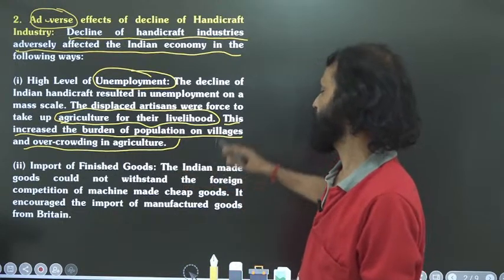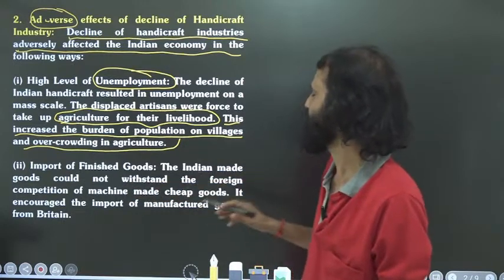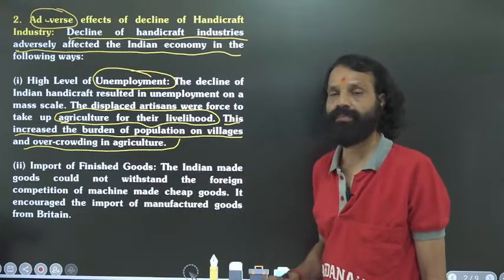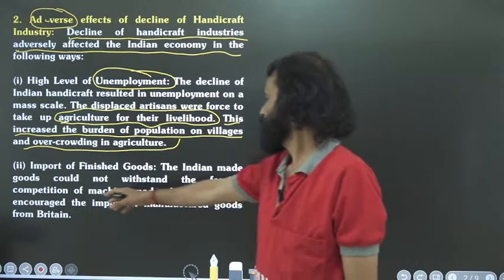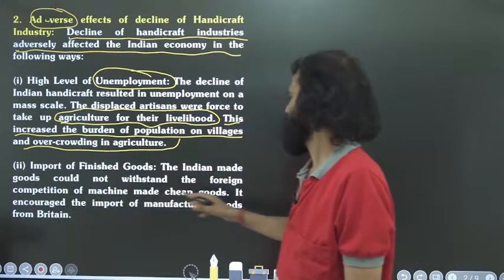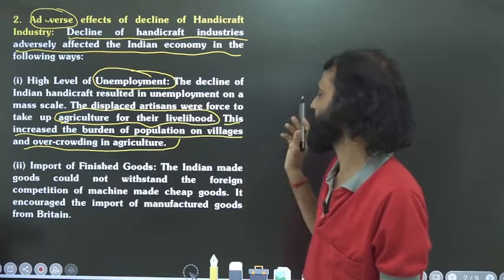Britain's machine made products came to the Indian market, and India's products could not withstand the foreign competition.